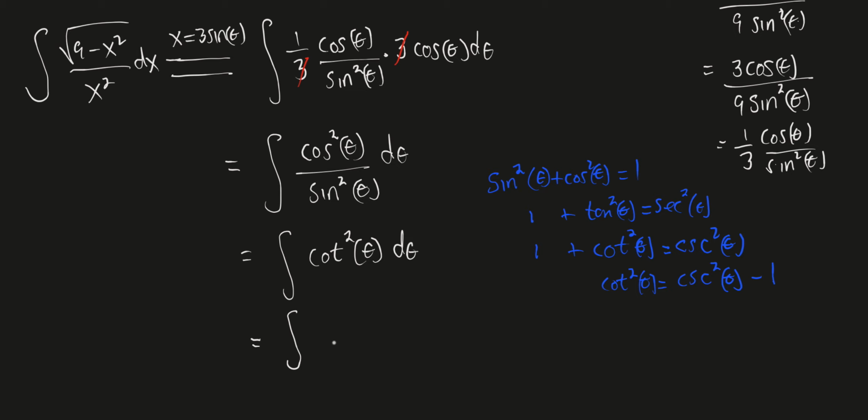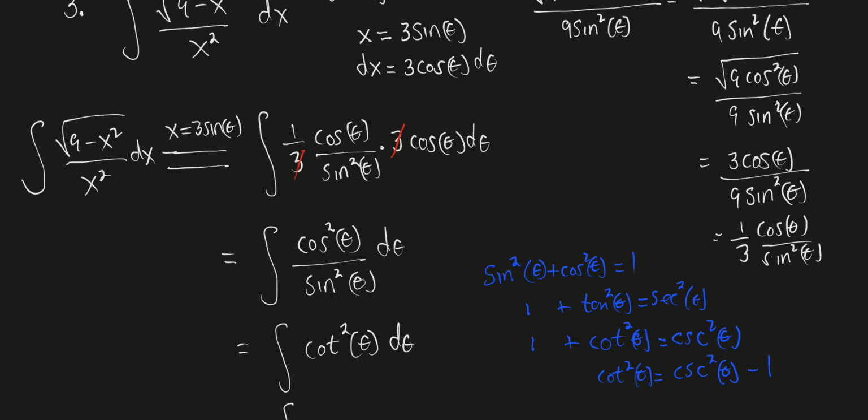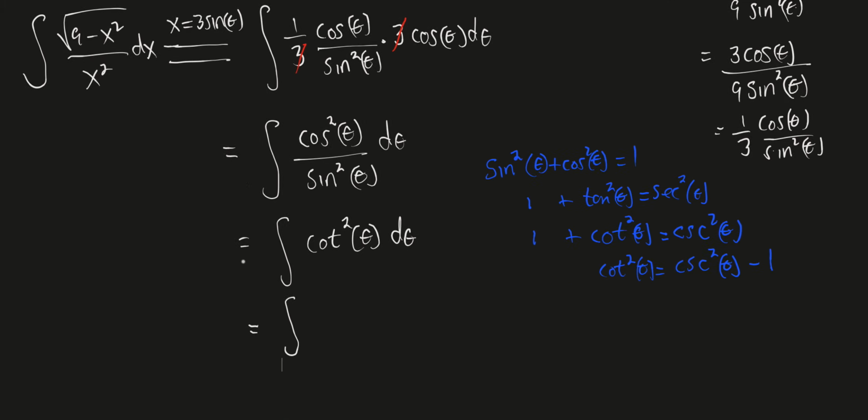Up to this point, the only calculus that we've done is taking a derivative. Everything else is trigonometry and algebra, and even this step is still trigonometry. So cosecant squared theta minus 1 d theta. And the antiderivative of cosecant squared is negative cotangent theta. And then when I integrate 1, I'll get minus theta and then plus c.